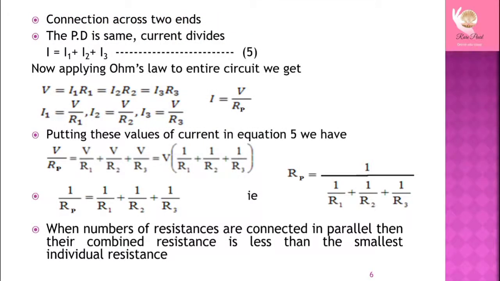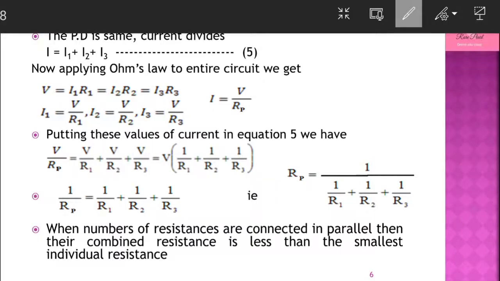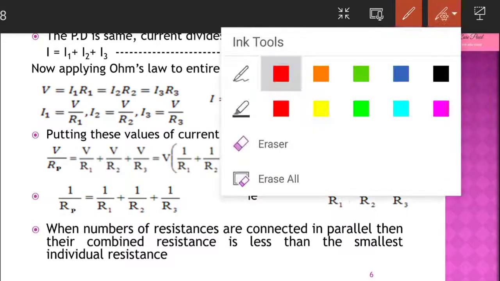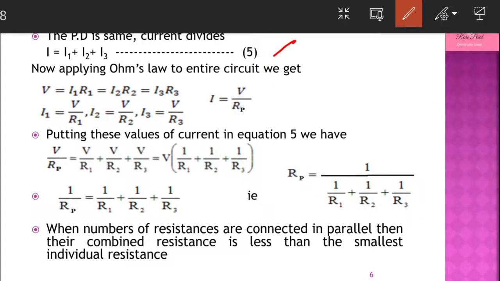So here in a parallel circuit, we know that the current is dividing. We can call this circuit a current divider circuit, whereas a series circuit is called a voltage divider circuit. Since the current is dividing, we can write the expression I is equal to I1 plus I2 plus I3. Fine. And we know according to Ohm's law that I is equal to V by R, isn't it?